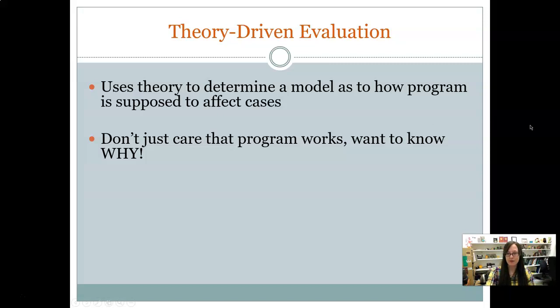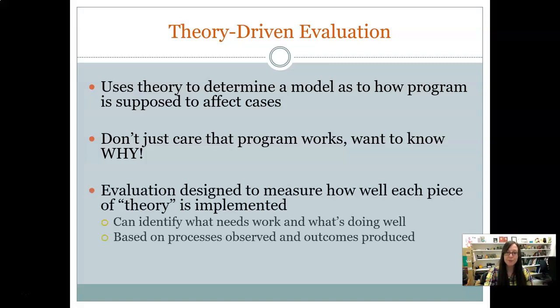That's a big part of theory-driven evaluation, to explain the process and explain why it's having the effects that it's having. So evaluation is designed to measure how well each piece of the theory is implemented. Whatever theory you're using, it's about how well it is addressed and how well it shows the relationships within this particular program. So you can identify what needs work and what's doing well.